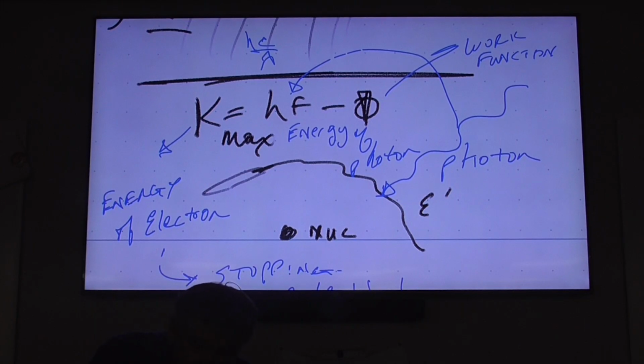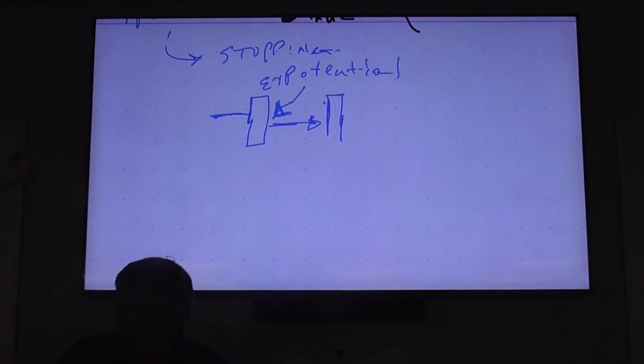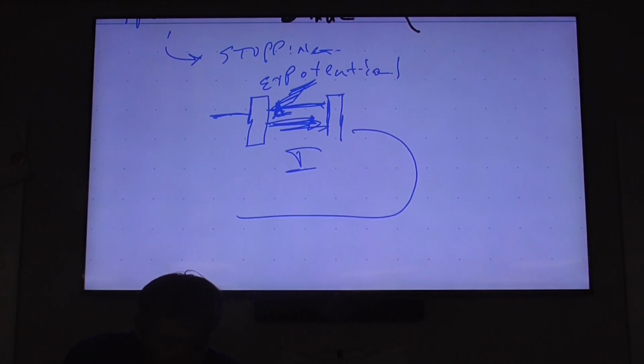So for that K max, that maximum amount of energy, how you actually measure that is you set up the voltage to stop that current. You would shine light on here to create a current. Everything's going to be neutral, and you're going to see a measured current going around in this loop.